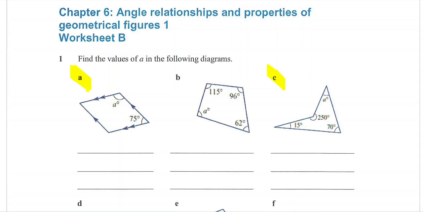So the co-interior angles. The A will add with the 75 to make 180 degrees because co-interior angles equal 180. Then you will minus 75 from both sides and get A is equal to 108.